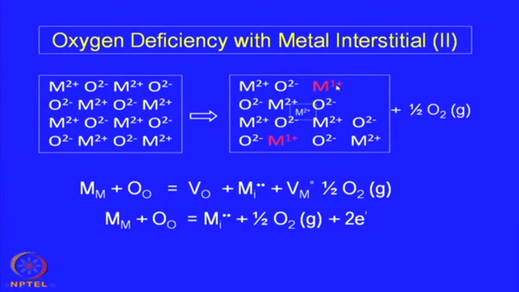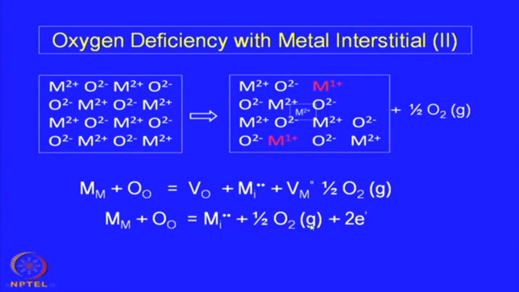So, two of them have changed over to 1 plus and 1 plus, and that is how this electron has been released, and it is a free electron. So, ultimately what you are getting is a metal interstitial, and oxygen gas which is going out. G in this case is the gas phase, that means that oxygen is not within the lattice, but it has gone out to the atmosphere.